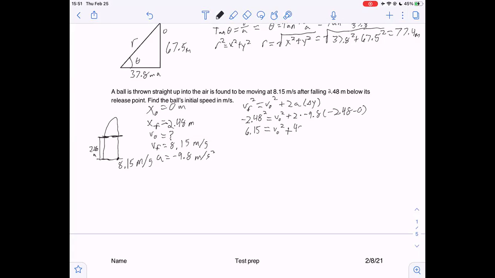So 48.608. Subtract that from both sides. Wouldn't the V final be 8.15 instead of the negative 2.48? Yes. Thank you.